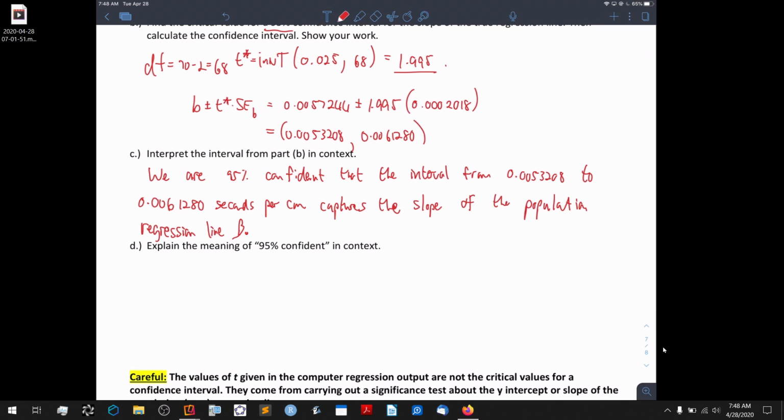And then explain the meaning of 95% confident in context. So this, interpret the interval, is the conclusion to the inference procedure for a confidence interval. This is interpret the confidence level, interpret 95%. Okay, interpret 95%.